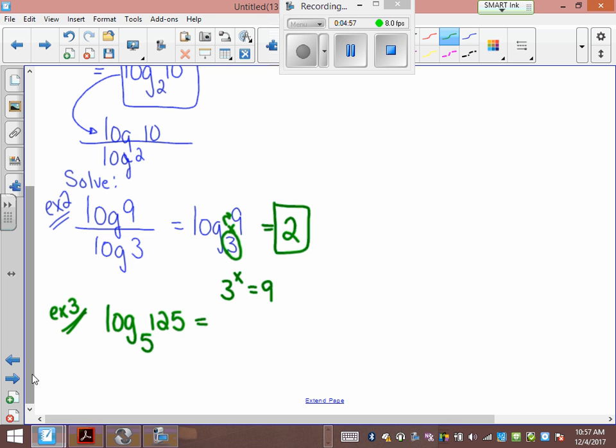So our answer would just be 3. So these ones people can punch in a calculator and they're like, yeah, okay, we'll learn this method, but we're just going to type in our calculator anyways. What if I give you this?